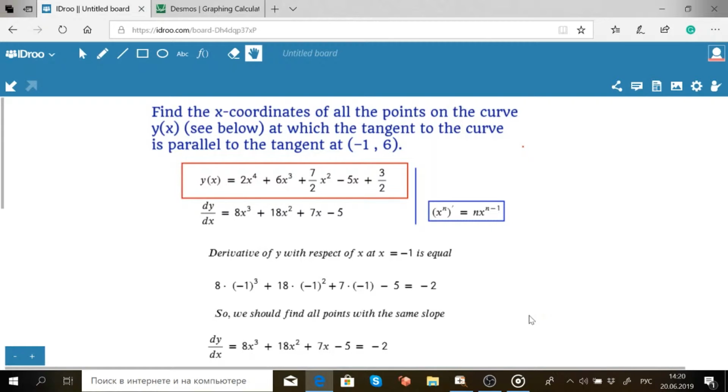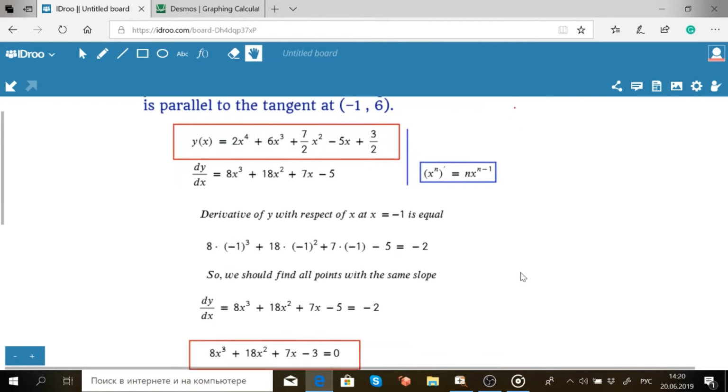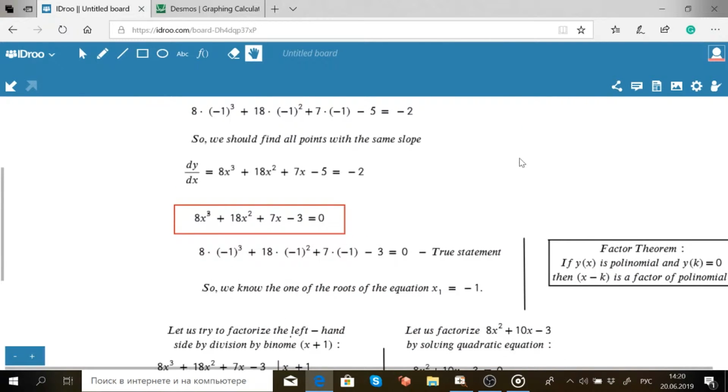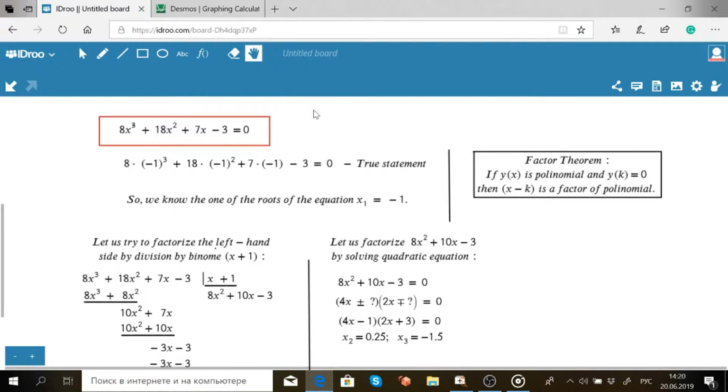To find all points where the slopes of the tangent lines are the same, we should solve the equation where the left-hand side is the derivative function, and the right-hand side has a value of -2. If we collect all terms on one side, the final equation will look like this.